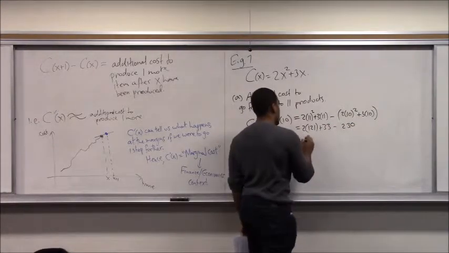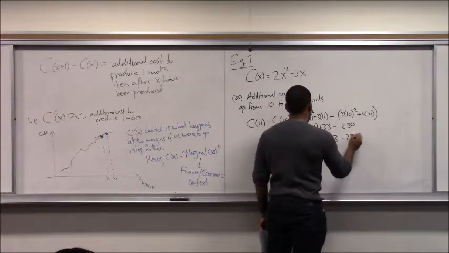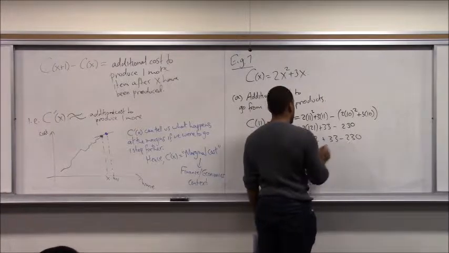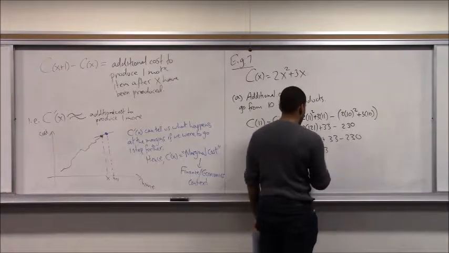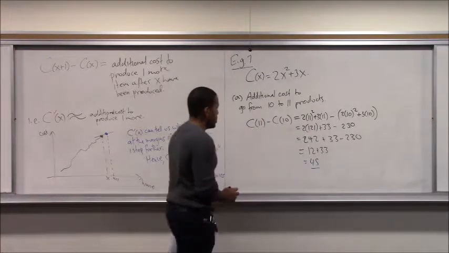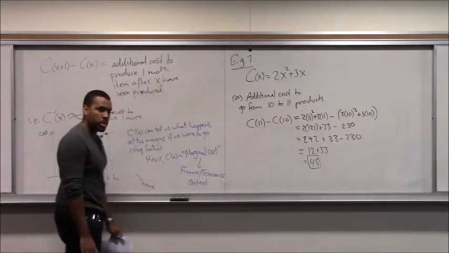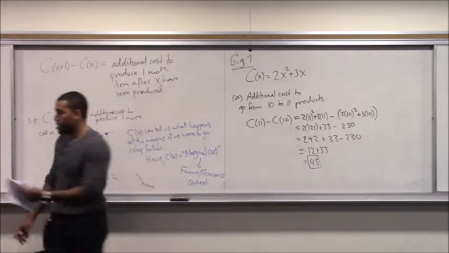And this would be 242 plus 33 minus 230. 242 minus 230, that's going to be what, 12 plus 33? That's 45. So it'll cost you $45 to make one more boxer shorts. Those are some expensive boxer shorts, but that's just for a comparison.